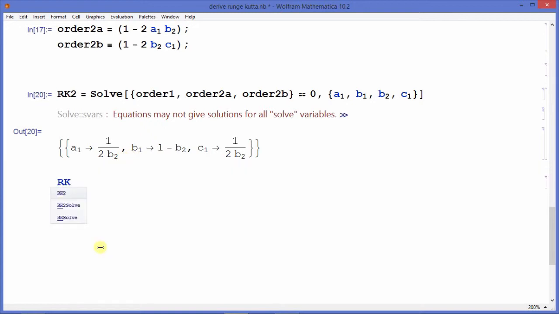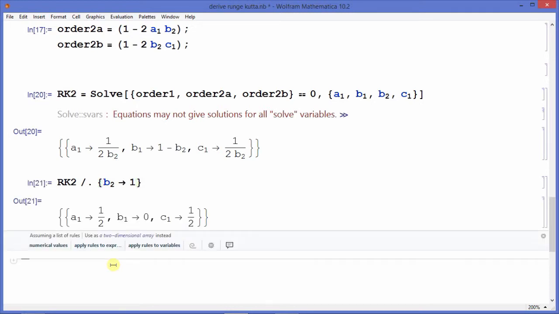So if I look at RK2, where I let b2 be 1, that's one method. And I believe we call this one the improved Euler method.